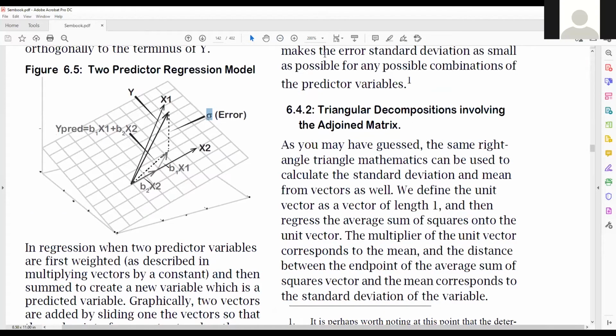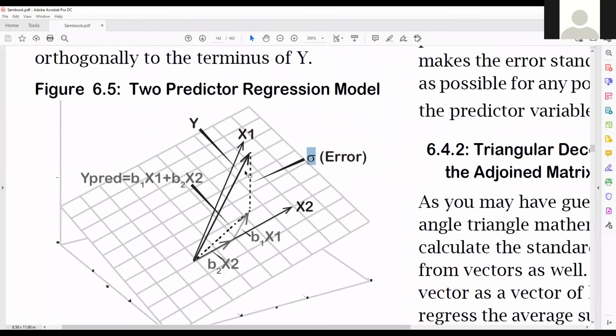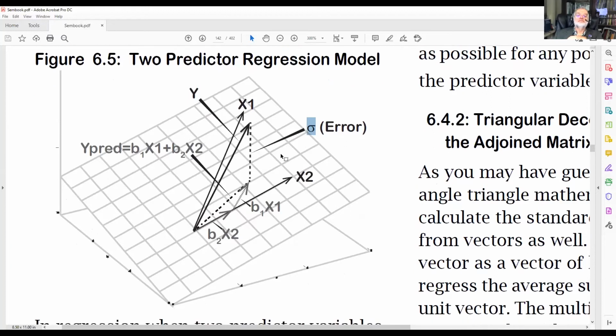I have a question. Can we make the pictures larger again? Yeah, you want this one? Yes, I want this one. So here, what I see from the picture is b2 x2 is on the same surface with x2.